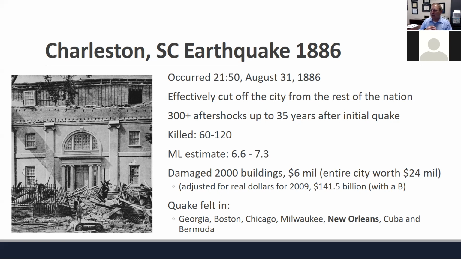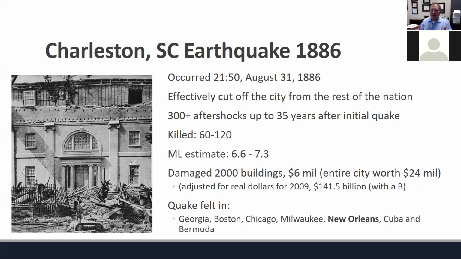So August 31st, I don't have it listed here, but this was a Friday night just before 10 p.m. And as you know, if we think about what the United States was in 1886, it was primarily all points east of the Mississippi River. Now, there was certainly the West Coast, but there was very little in between the Mississippi River and the West Coast. So for the most part, the United States was east of the Mississippi River.